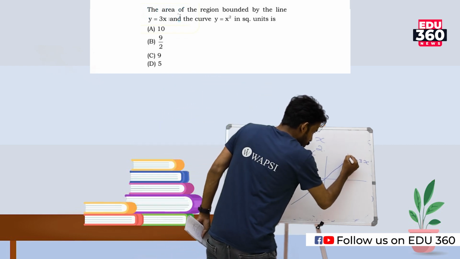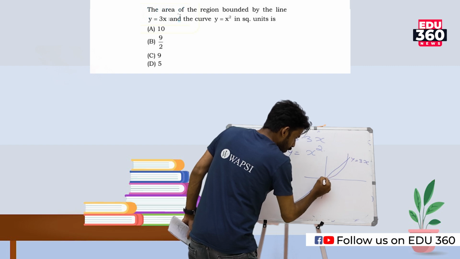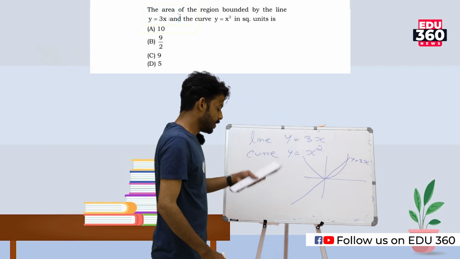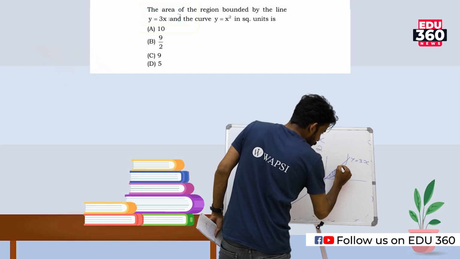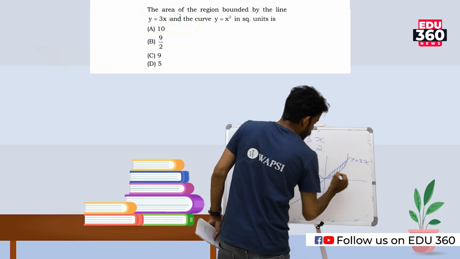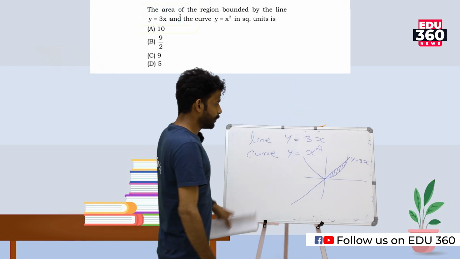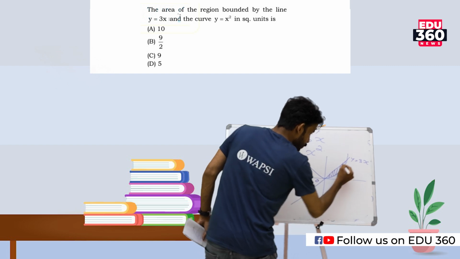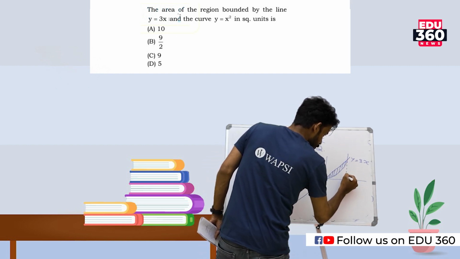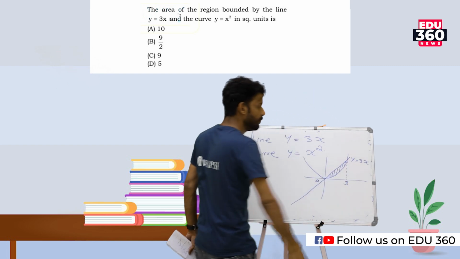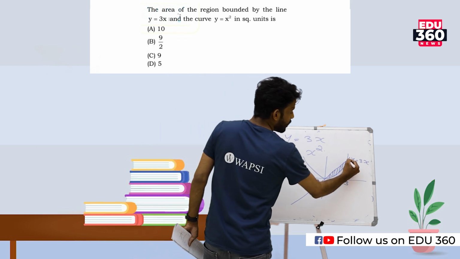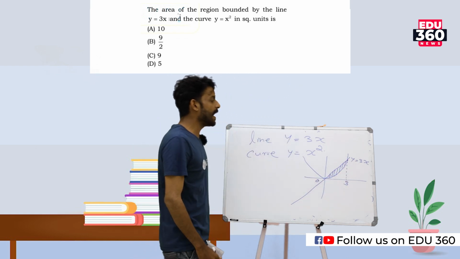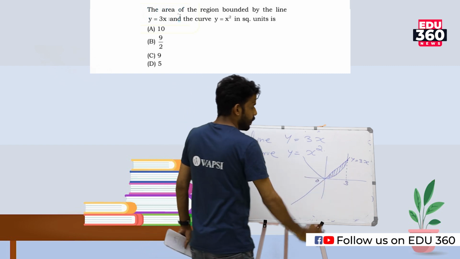The area bounded by these two is the region we need. This is 0, and this is 3. Let me tell you, we need to find the intersection point of the line and the curve.